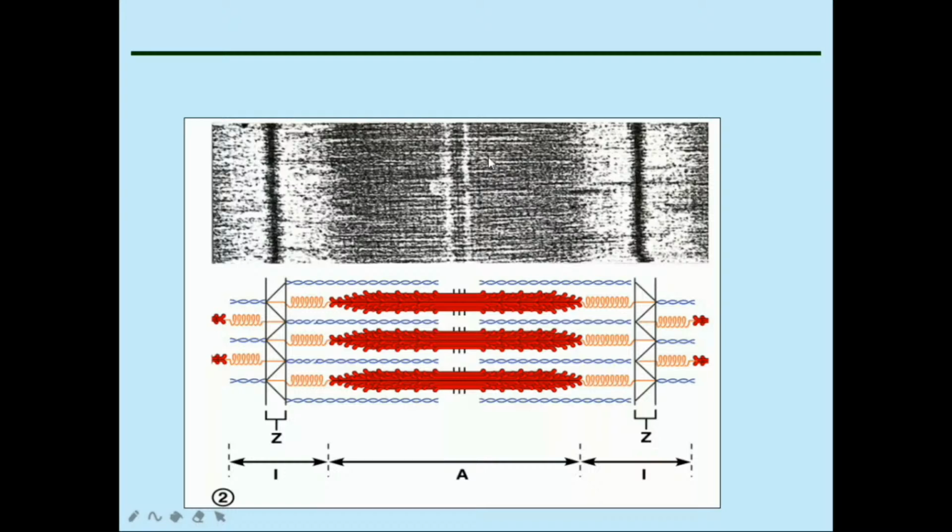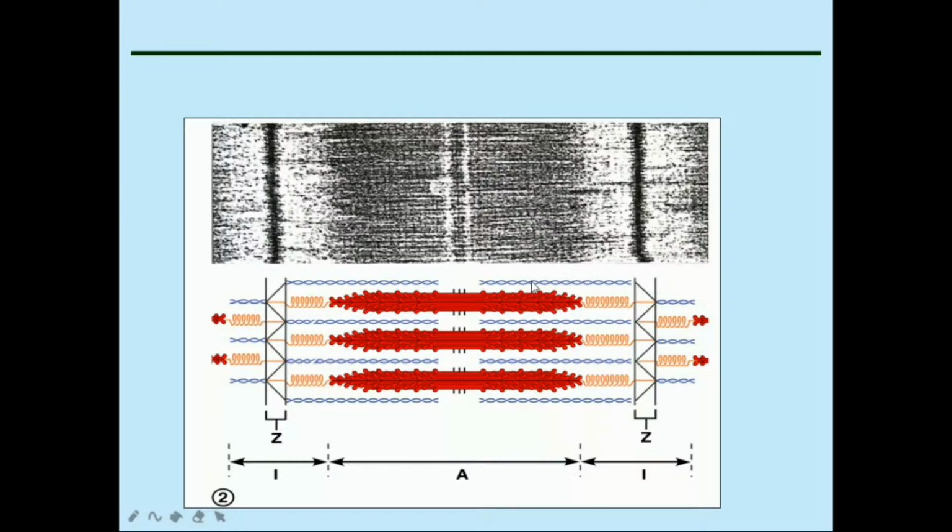So you can see here, this is one Z disc, this is another Z disc, so this is a sarcomere, and in the central portion of the sarcomere is the thick filament or the myosin filament shown with the red color here. On the other hand, the thin filaments shown here with the blue color are the actin filaments.